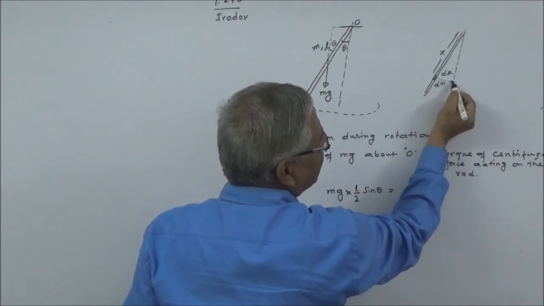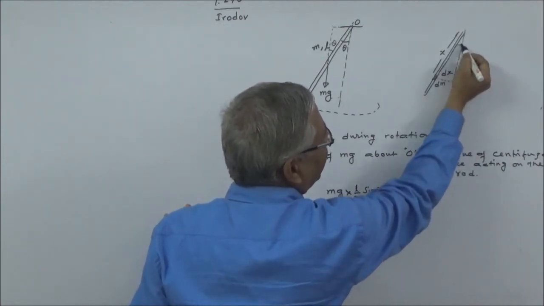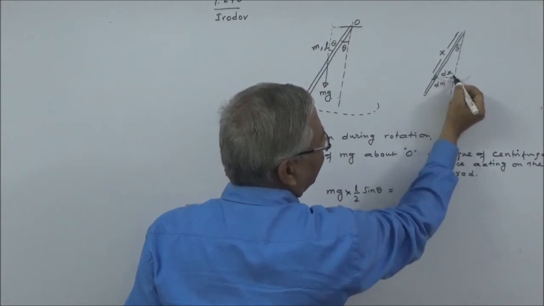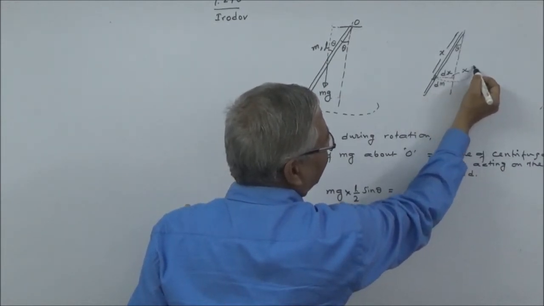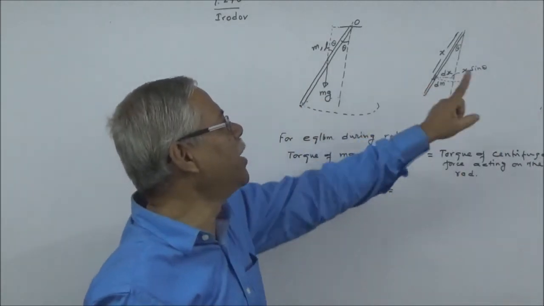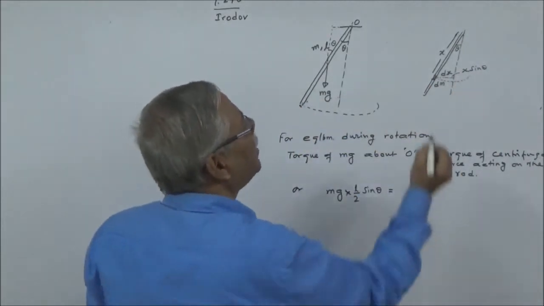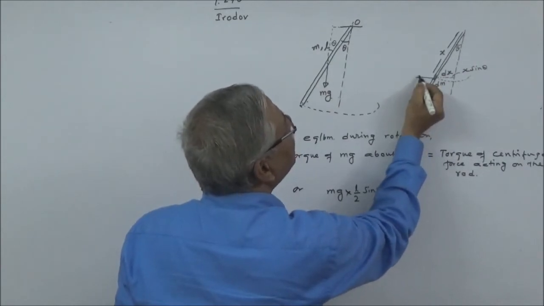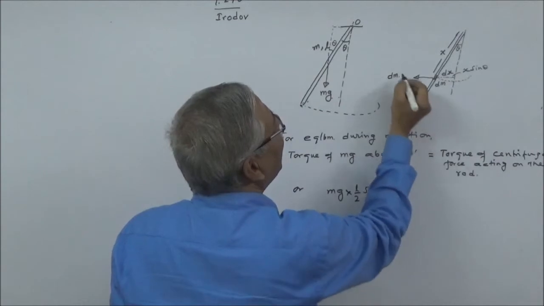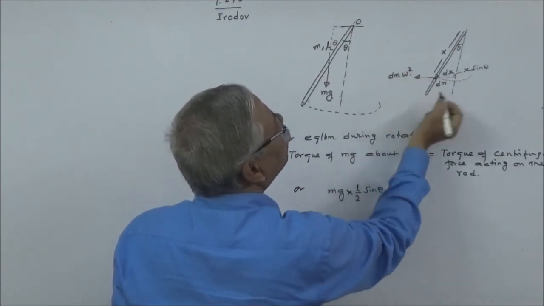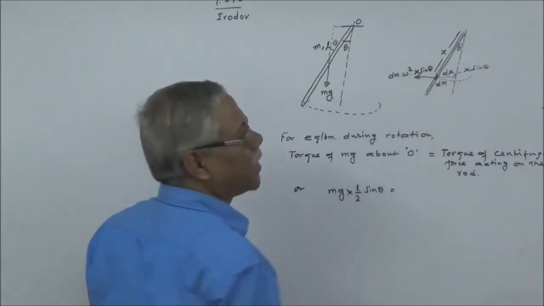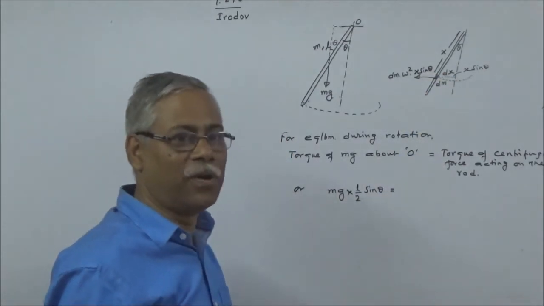It is rotating in a circle of radius x sin theta. So on this element, the centrifugal force that will act is dm into omega square into x sin theta.